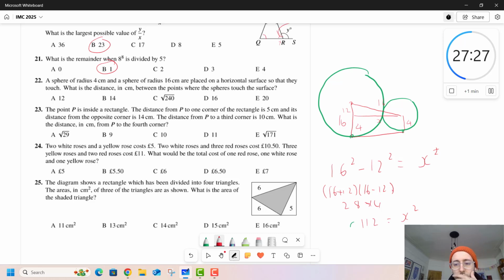Oh, I've got this wrong. Oh, this is 20, because it's 16 and 4. Isn't 20, 12, isn't this a Pythagorean triple? Isn't that 9, 12 and 20? Or something?